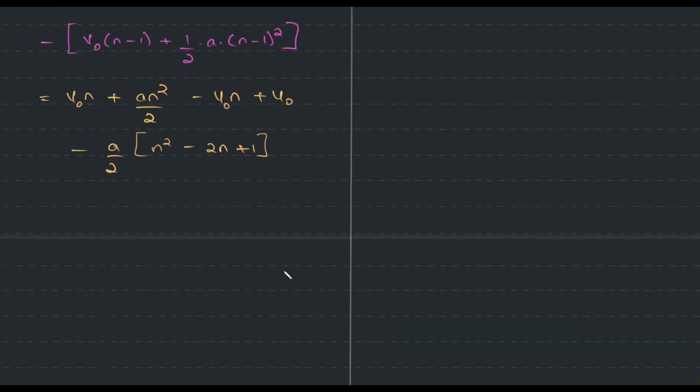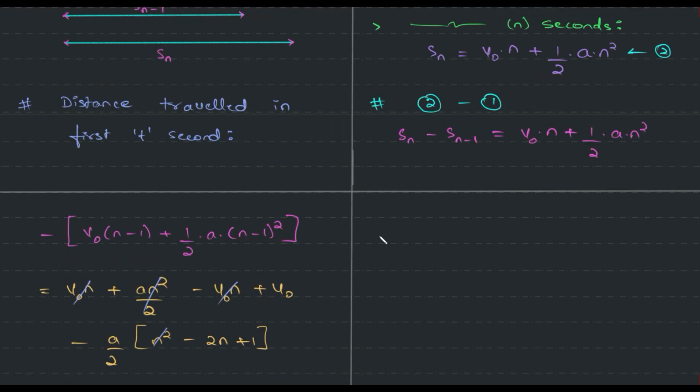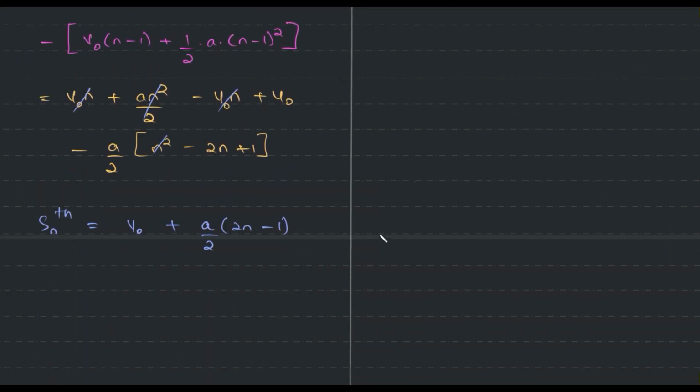Let's see if anything gets cancelled. Yes, we have this and this getting cancelled, and a n square by 2 and a n square by 2 also get cancelled. And that's it. So we basically have s nth is equal to v naught plus a by 2 times 2n minus 1. Again, I did a bit of math over here. So this is the final expression. All this algebra and arithmetic part is left to you guys to do.